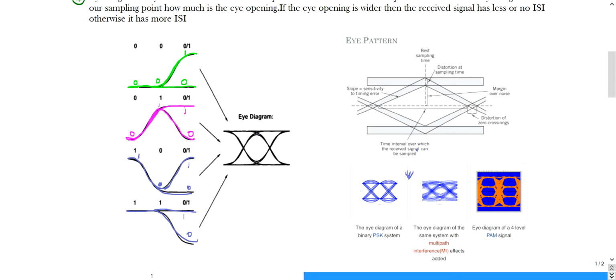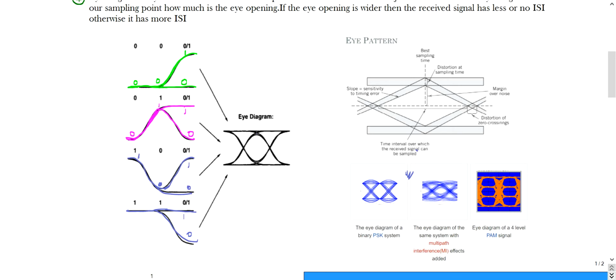Before going to the uses of the eye diagram, I would like to tell one point: this is the complete area of the eye. Okay, this indicates the complete region of the eye where the eye resides. Okay, so in this region you can choose the sampling period anywhere you like.